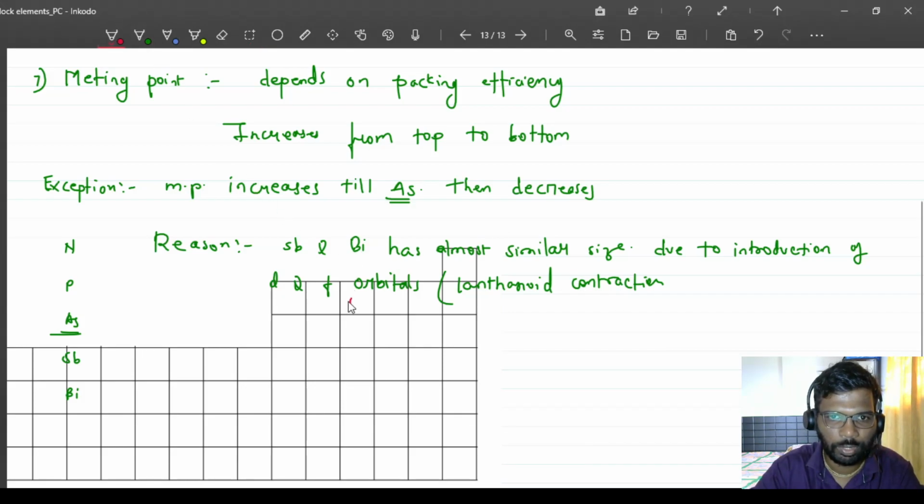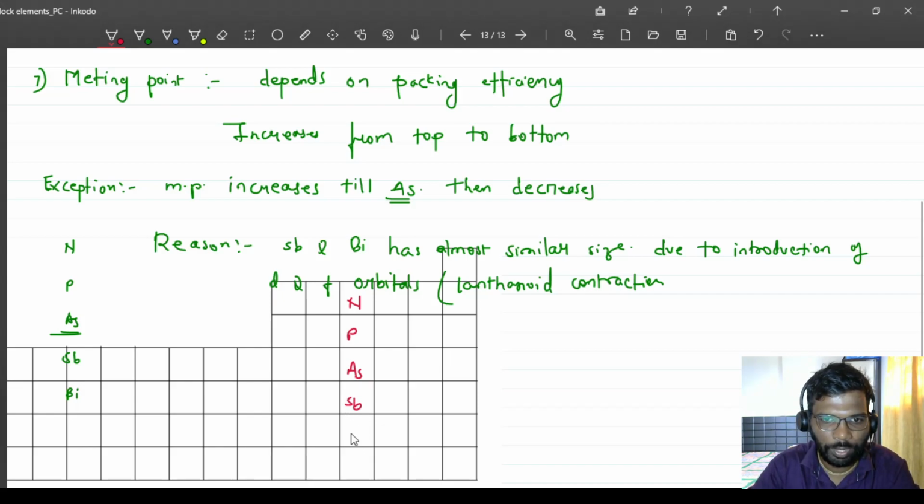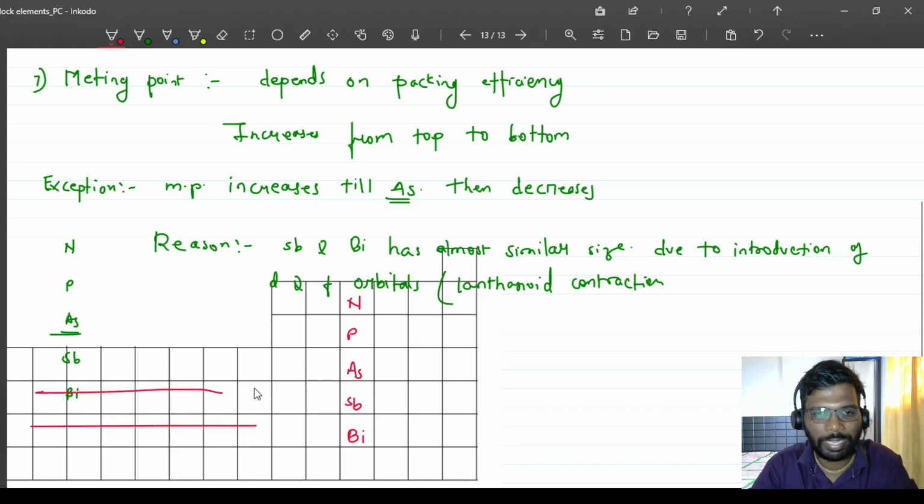This is nitrogen, phosphorus, arsenic, antimony, and bismuth. Here there is a filling of the d orbital, and because of the lanthanide contraction, the sizes of these two atoms are almost similar, and that leads to the decrease in the melting point, which depends upon the packing efficiency. So this is the thing.